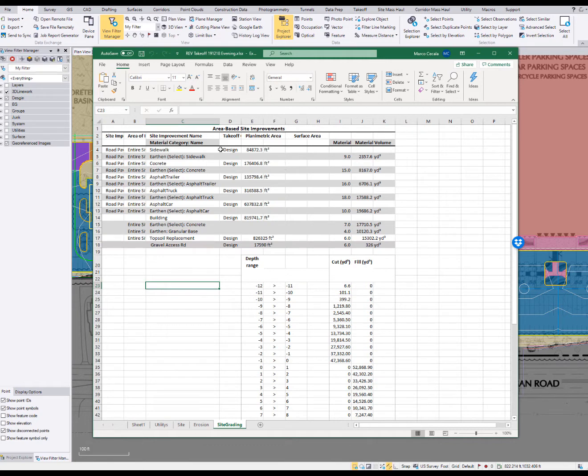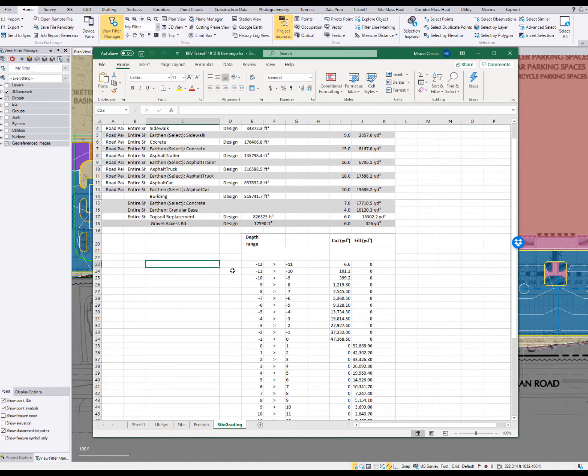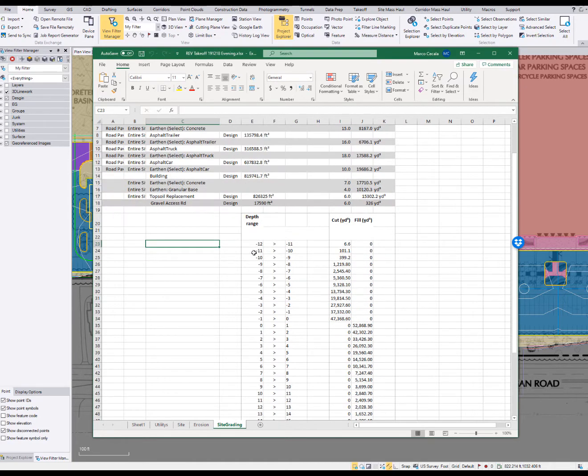Here's some big picture stuff. You'll see we have these different materials that are brought in. And again, we're talking about non-native materials that we bring in. Here's some topsoil information here.